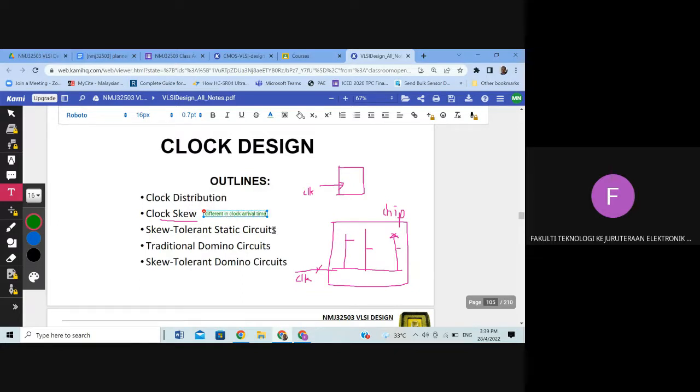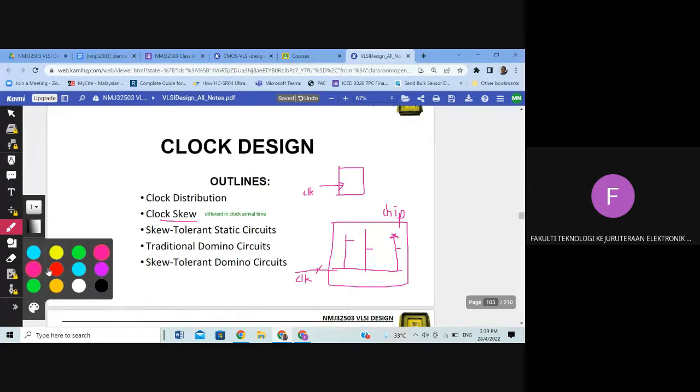So what is the difference in clock arrival time? Maybe I can sketch something here. So this is T1 and this is T2. Clock at T1 will not have the same arrival time as clock at T2. So we can show it using a timing diagram.